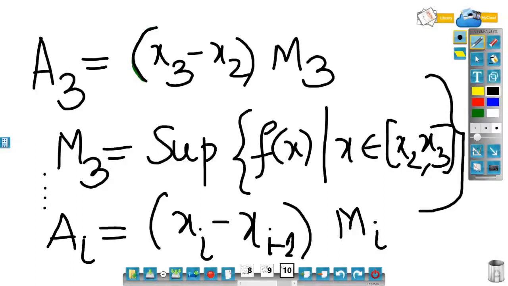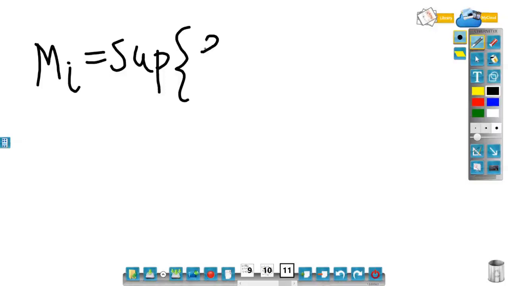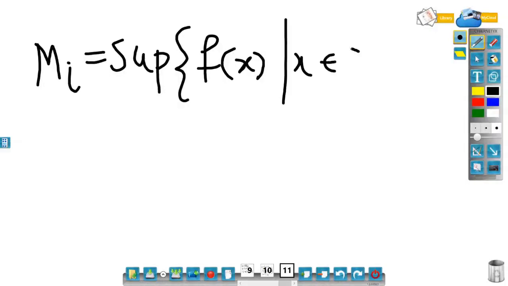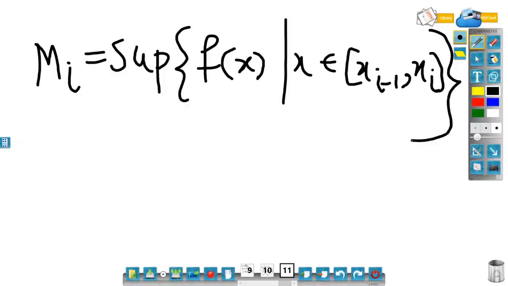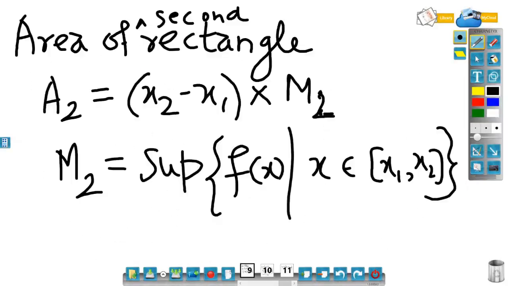And now you can guess what mi is. mi will be the supremum of f(x) such that x belongs to xi minus 1 comma xi, right? So this A1, A2, in general Ai, we have calculated.